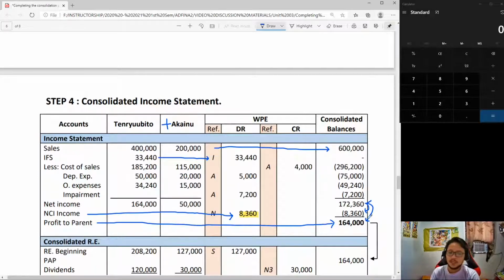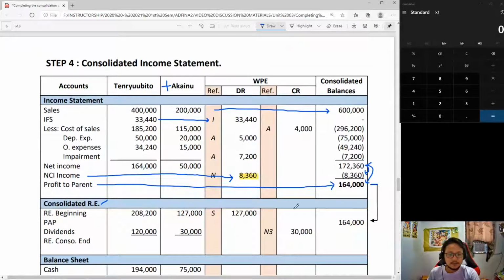Okay, so 164, you will have to carry this down dito sa ating consolidated RE computation. Okay? Not the 172,360. Okay? Hindi po ang 172,360 ang ina-add sa RE natin. Although that is your figure for consolidated net income, it is not the one added to RE.